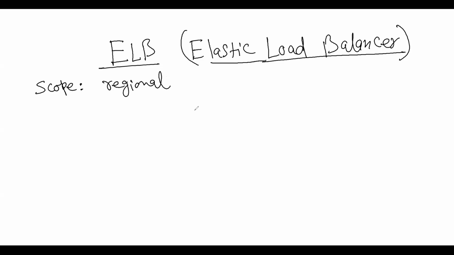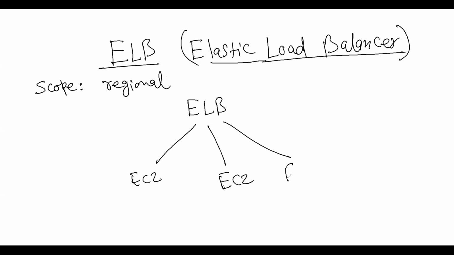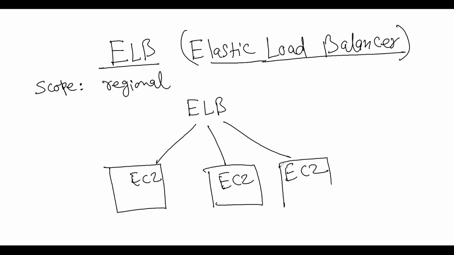Making sense? So you have the ELB, and you have EC2 instances, one in 2A, one in 2B, one in 2C of some US region.